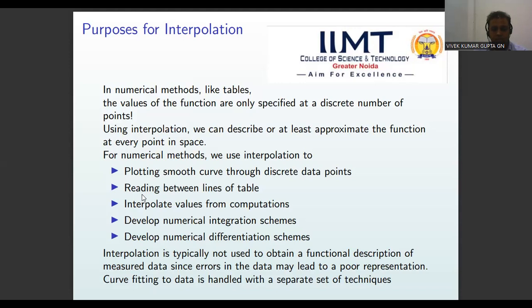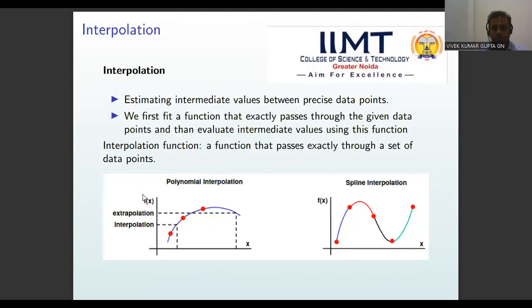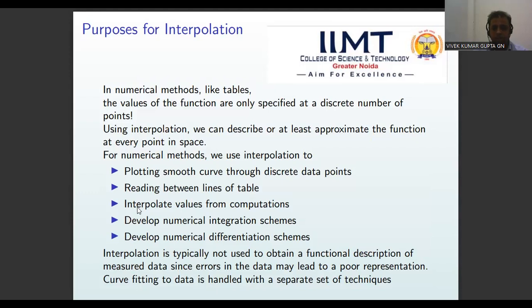If we have plotted the curve using discrete data points, we can understand how it is rising, and how the value or function is changing through the given data points. Also, we can interpolate values from computation, so we can find the value of missing data which is not given in the tabular form.